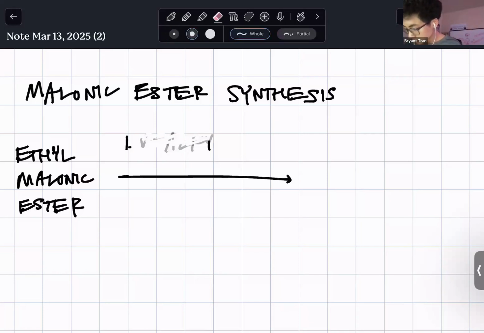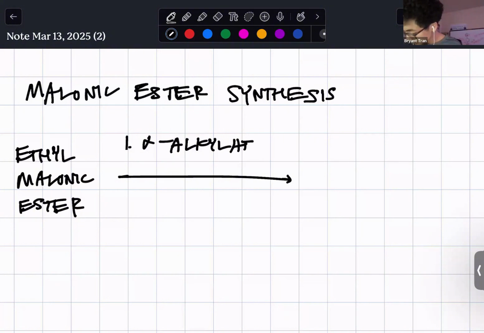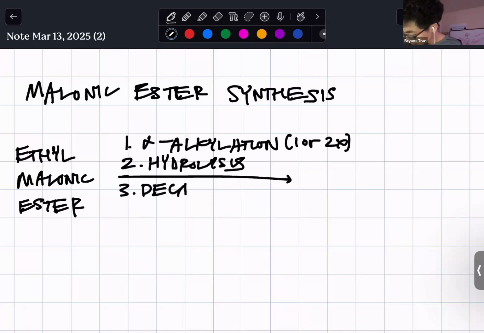Well, to be more specific, let's just do alpha alkylation 1 or 2 times. After that, you're gonna do hydrolysis, and then the third step is decarboxylation.